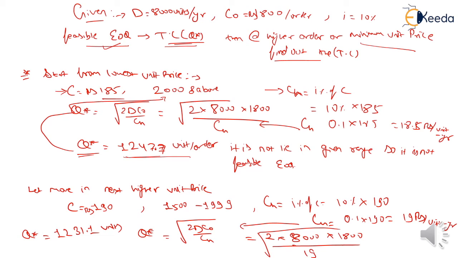Okay students, check whether this Q star lies in the given range. The range is 1500 to 1999, but Q star comes as 1231. It does not lie in the range. So we can say that it is not a feasible EOQ.